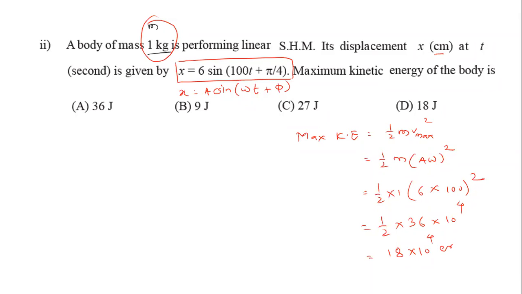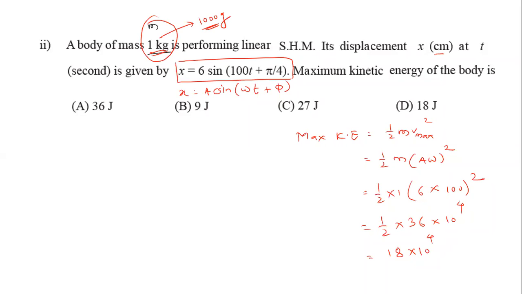Is in erg? Because everything, no, not in erg. Let me correct the unit. Listen, here we have to convert everything in the same system, that we have not done here. So we have to convert this. Mass is 1 kg. 1 kg means 1000 gram.